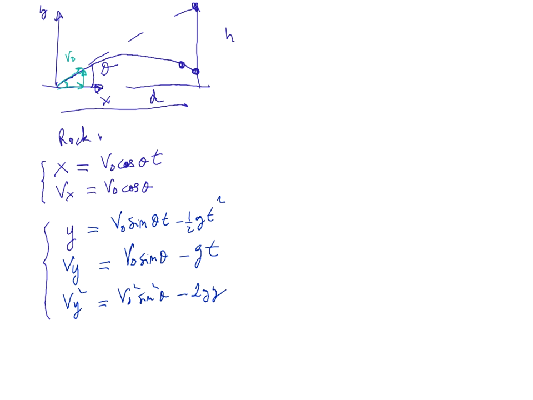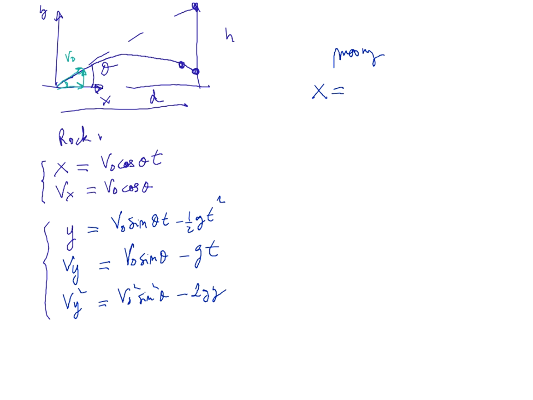What about the mongoose? Can anybody give me the x equation? Because really, that's what's different. In the same coordinate system, does the x component of the mongoose change with time?